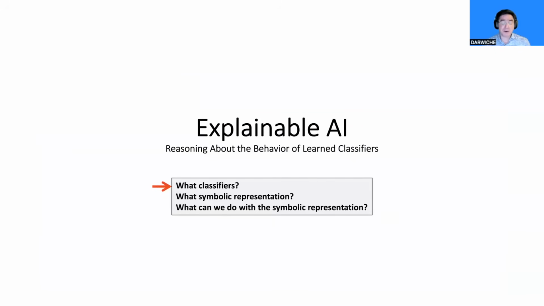Okay, so now, what kind of classifiers can we compile into the symbolic form, and how? It's a subject that we're going to talk about at the very end of the tutorial. But before I start, I just want to make a few remarks, a couple of slides, so that we internalize some important messages here.